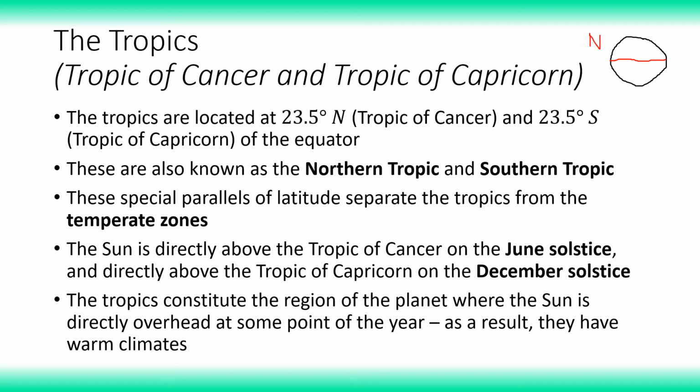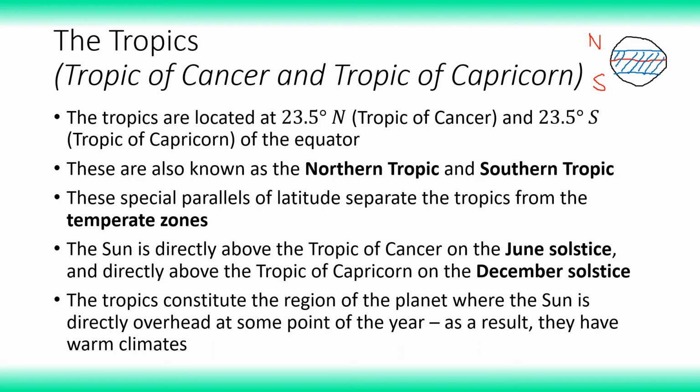We've got north up here, and we've got south down here. Then we've got these tropics, which divide the planet, let's use blue, which divide the planet a little bit further. So we've got a line here, that would be the Tropic of Cancer, and this one down here would be the Tropic of Capricorn. And so then all of this space in here is the region of the planet that we would call the tropics.